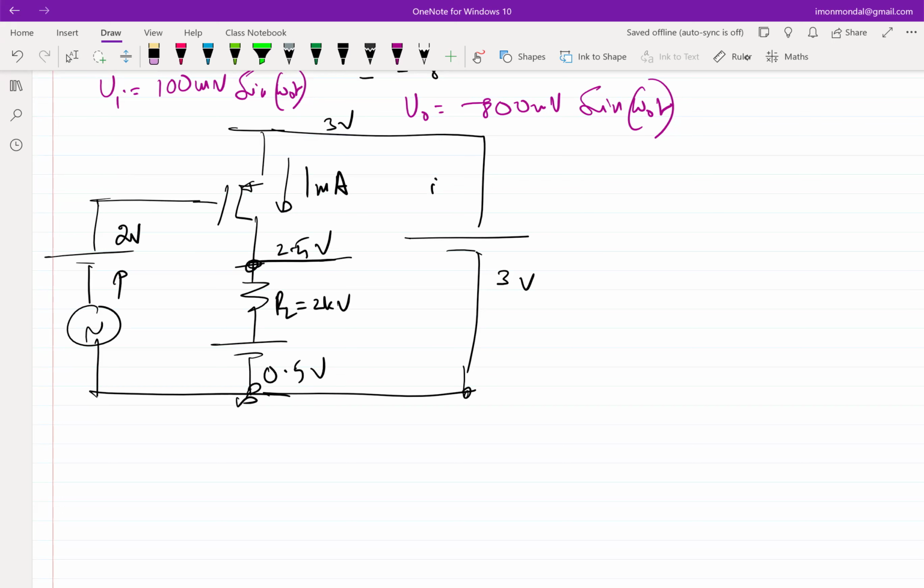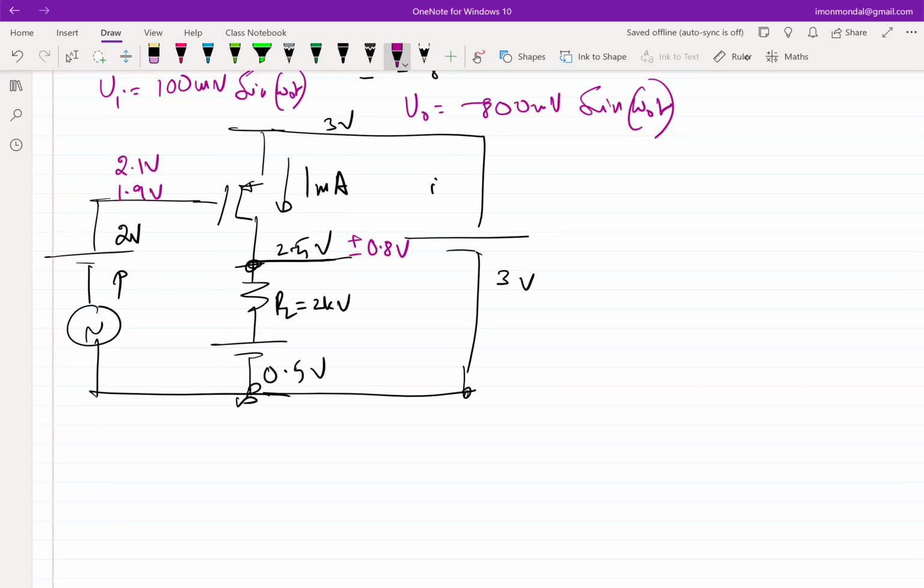So now what we are saying is the gate voltage is going from 2.1 volt to 1.9 volt. If the transistor is in saturation all through the swing of the input, how much will the drain voltage swing by? 800 millivolt up and down from 2.5 volt, right? So this will go plus minus 0.8 volt.